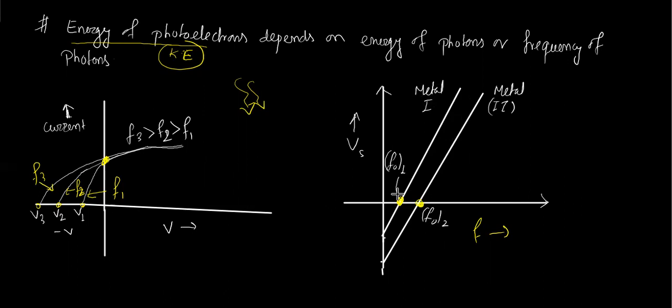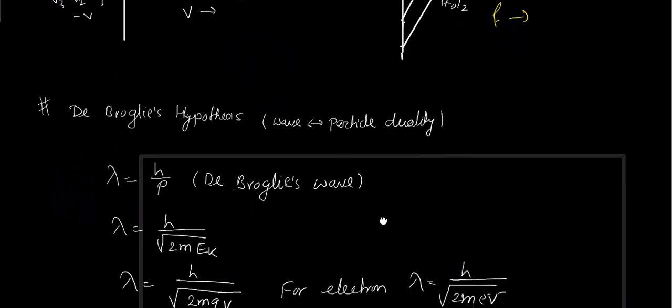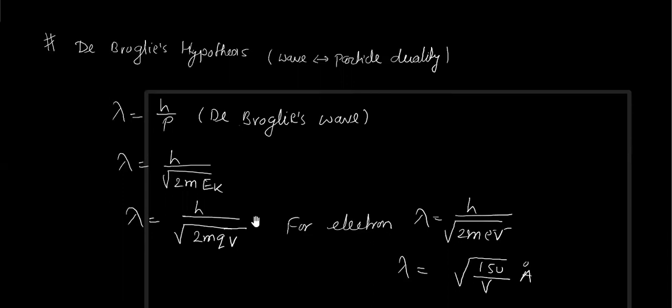So for metal 1, f01 is its threshold frequency, and for metal 2, f02 is its threshold frequency. So that is the revision of the photoelectric effect.